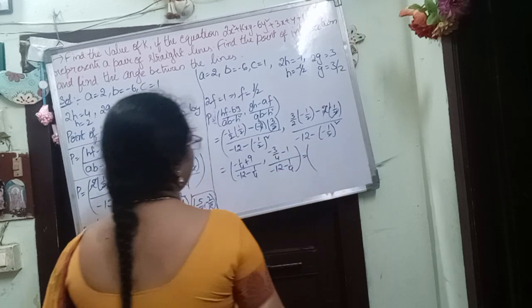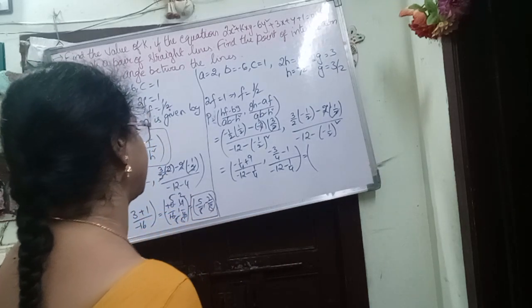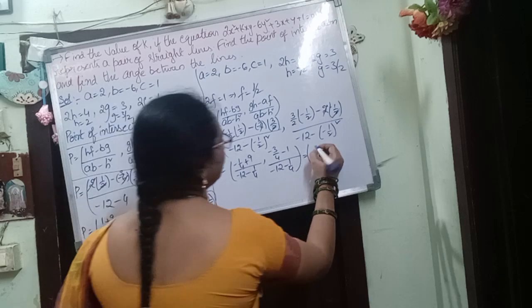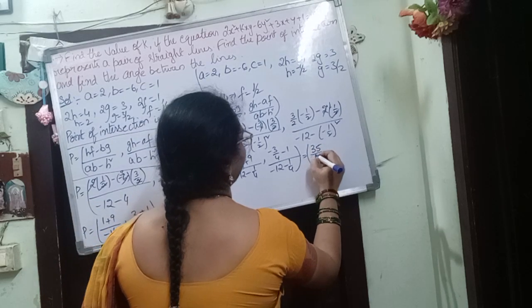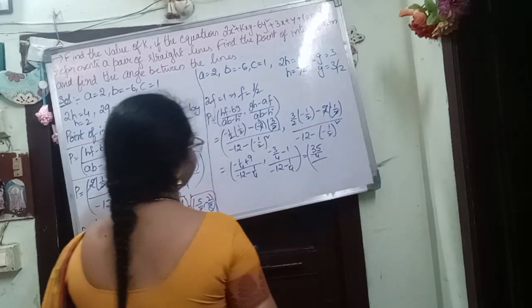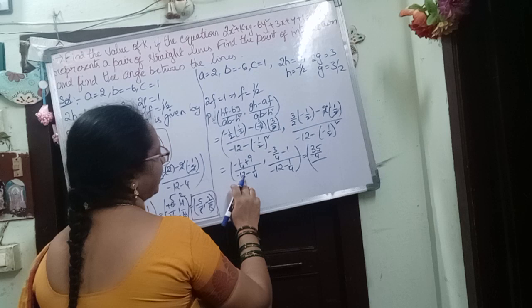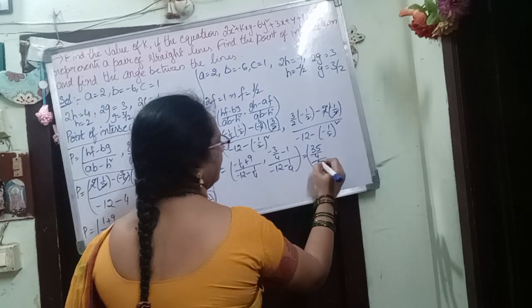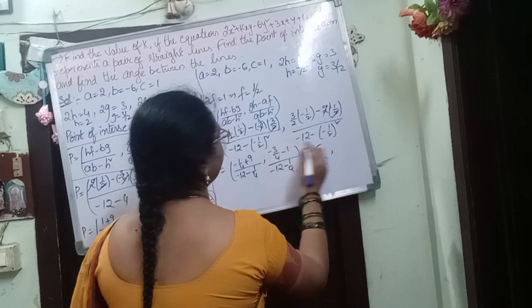That equals minus 1 by 4 plus 9, meaning minus 1 plus 36, which is 35, 35 by 4 whole by minus 12 minus 1 by 4, meaning minus 12 4s are 48, minus 1, means minus 49 by 4.